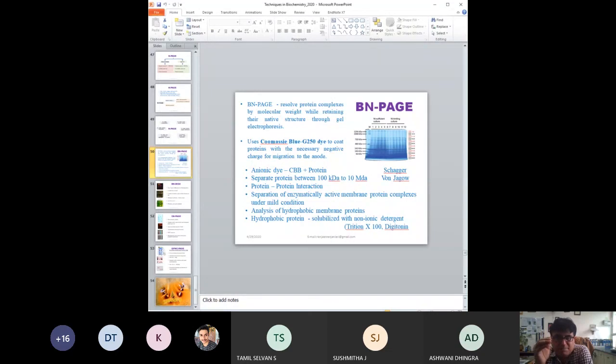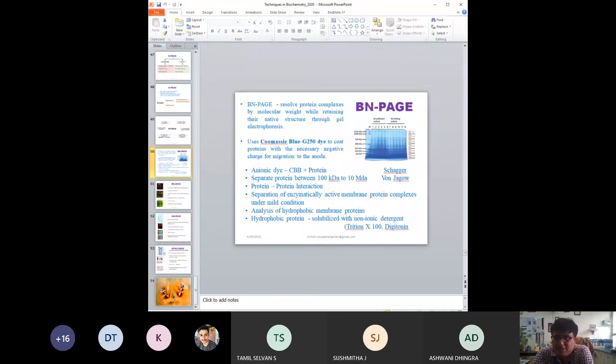The only thing is, in place of SDS, the substitute for SDS here is Coomassie blue G250 dye, which we are using to coat the protein, which provides the necessary negative charge for the migration to the anode. So we are going to use a CBB dye along with the protein. Protein is labeled, and then you are going to run it like what we used to do in case of SDS-PAGE.